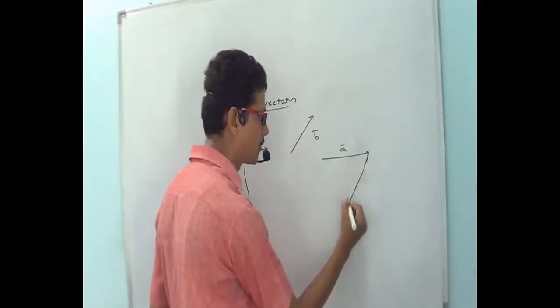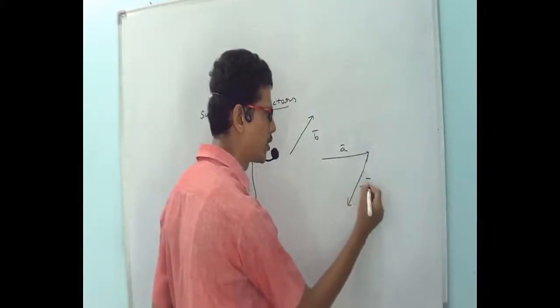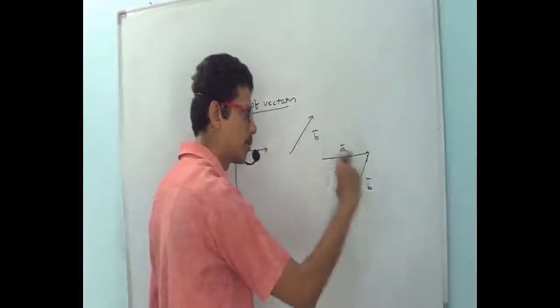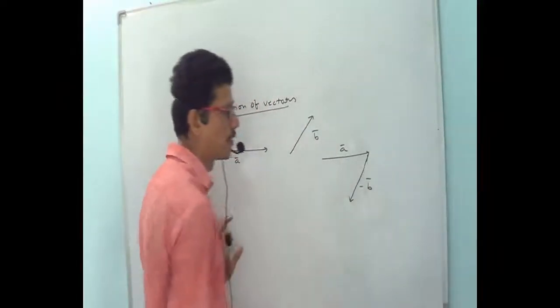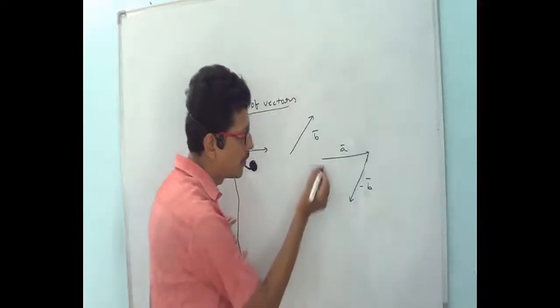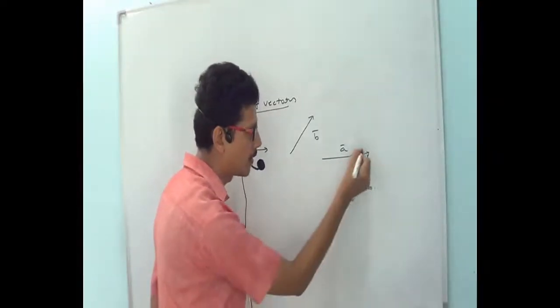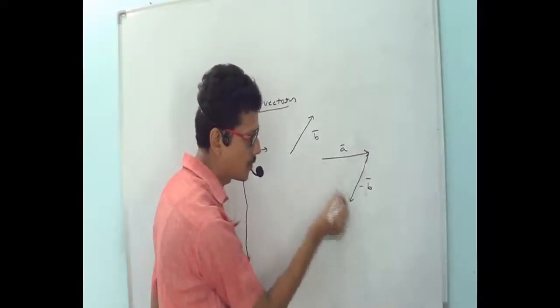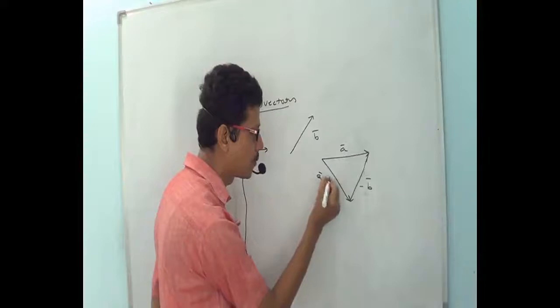This is minus B bar. Only direction we need to change, not the magnitude. Length is the same. And this vector is A bar minus B bar, the closing side of the triangle taken in the reverse order.